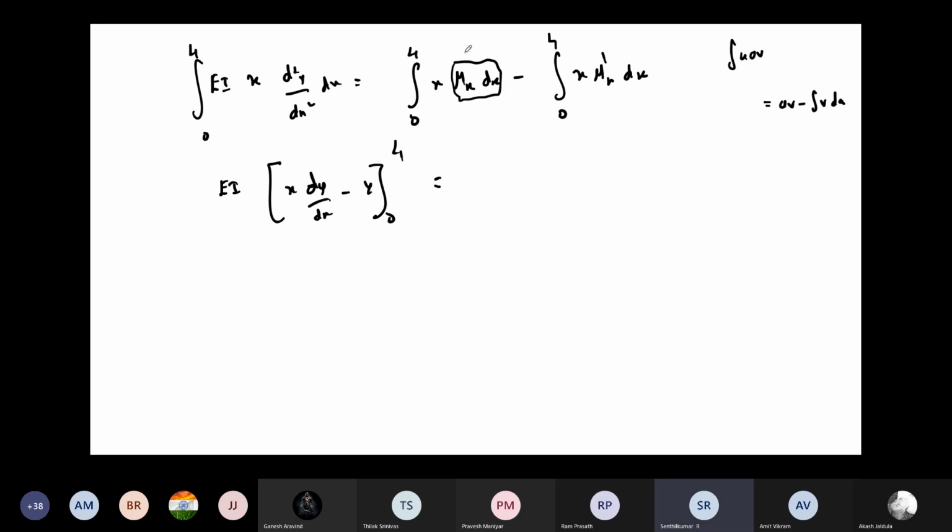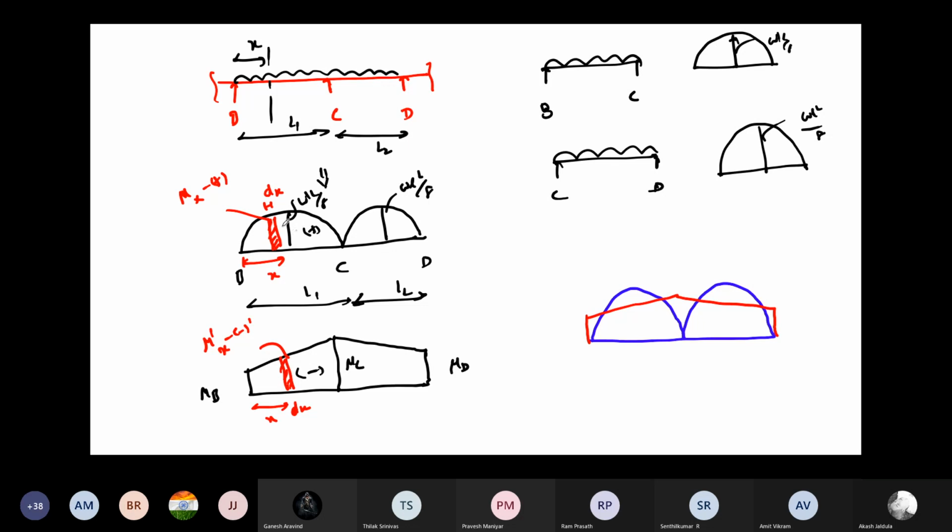Mx dx. The dx is the strip width, the ordinate is Mx. So each ordinate Mx times dx strip is nothing but your area of the bending moment.